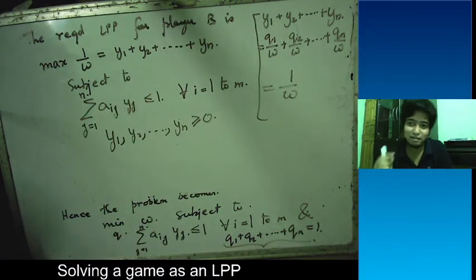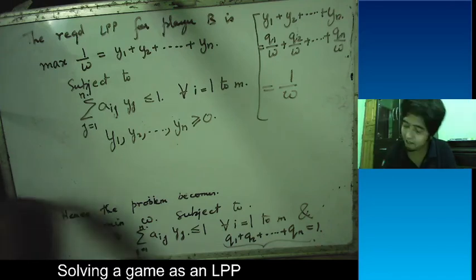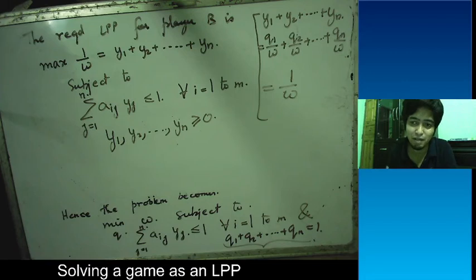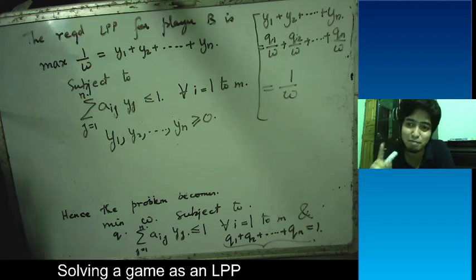If you remember from the very beginning, if I say that to solve a game, you will have to solve the LPP both for player A and for player B. But actually we can do something else. We can only solve for one player, and the solution for the other player will be given from the simplex table only.